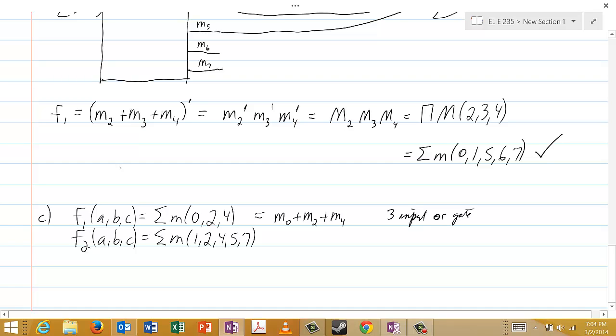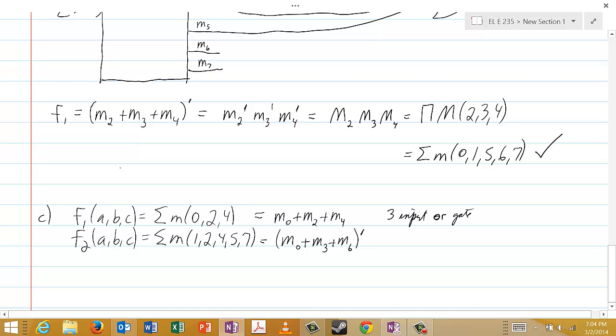But for the second function, rather than ORing together these 5 minterms, you should regard this as M0 or M3 or M6 and then complement it.